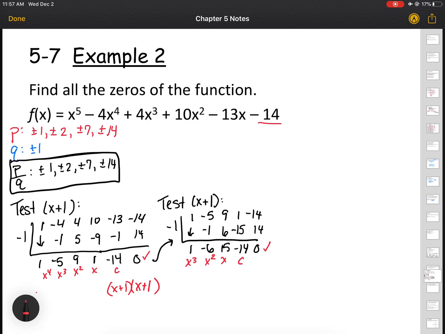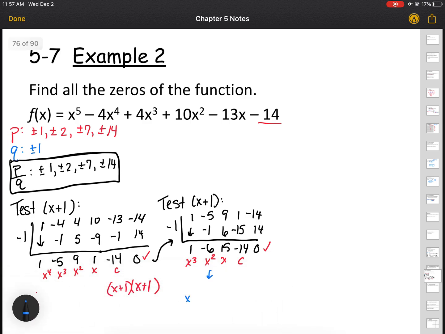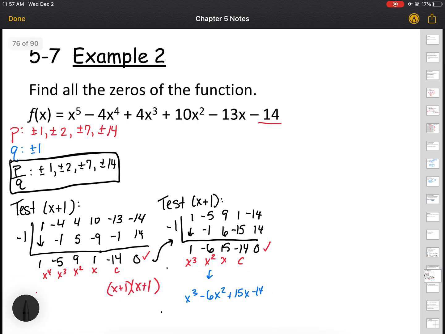Now if I look at this resulting polynomial, x to the third minus 6x squared plus 15x minus 14, and look at my p's over q's for that, I have plus or minus 1, 2, 7, and 14 again.